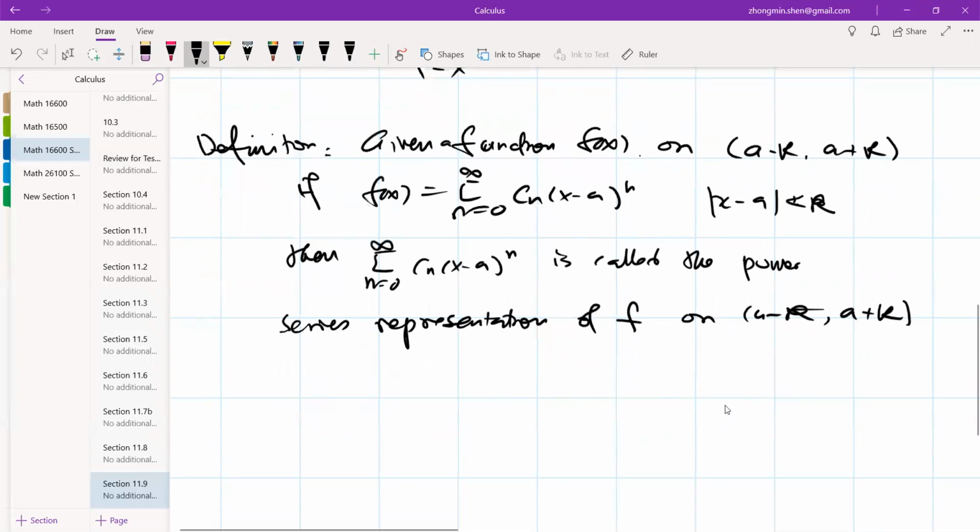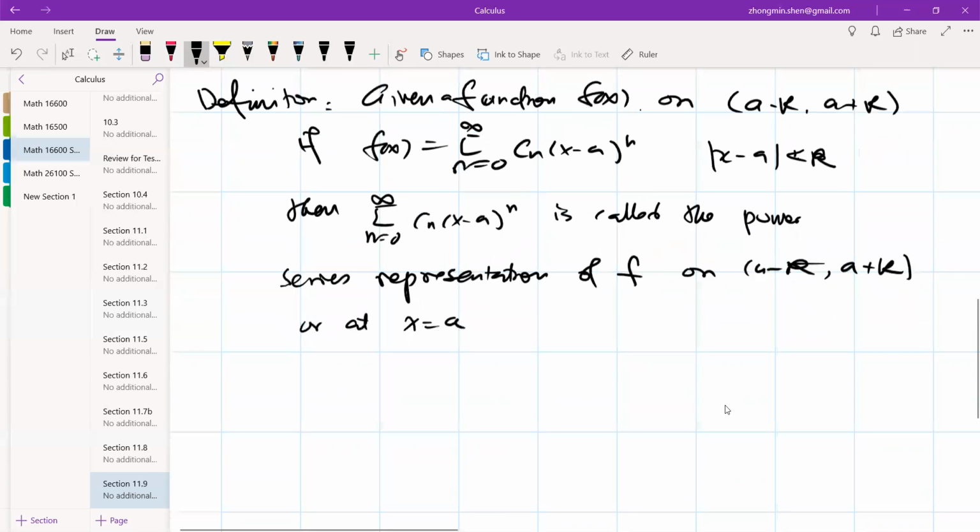By the above argument, we can also say this is called the power series representation of f over the interval, or sometimes you can just say at x equals a, because sometimes you don't want to specify the radius.